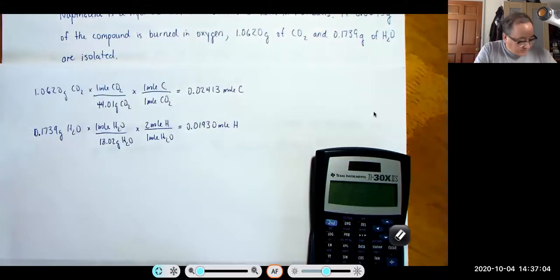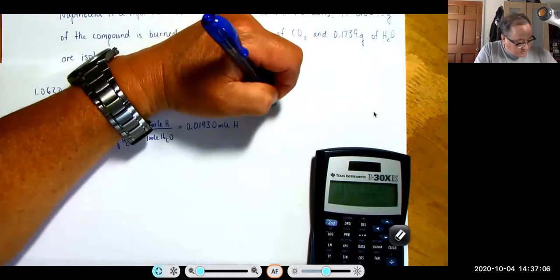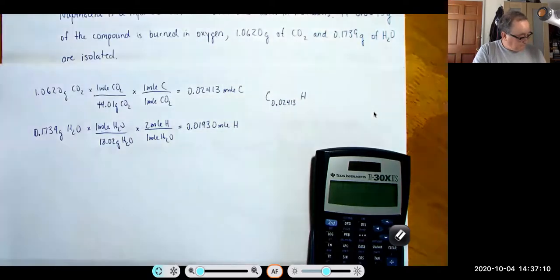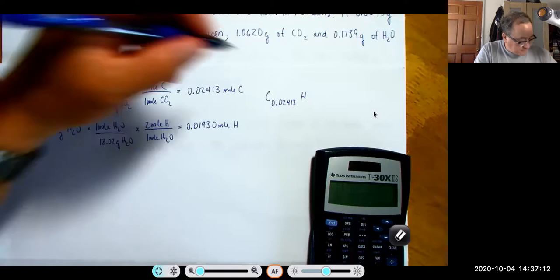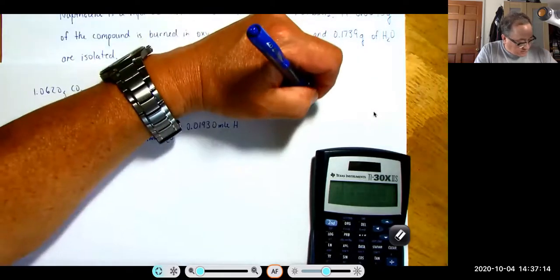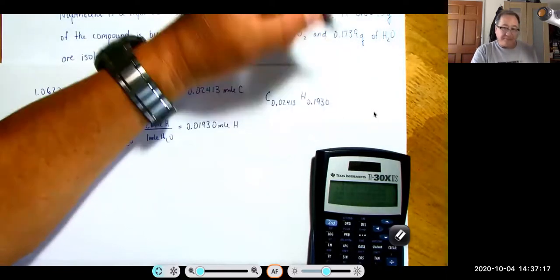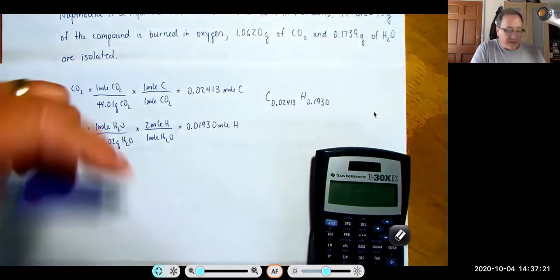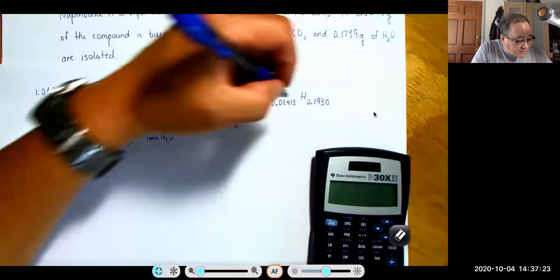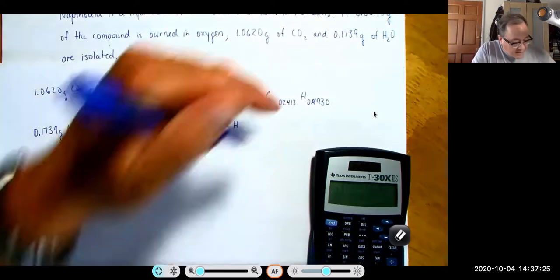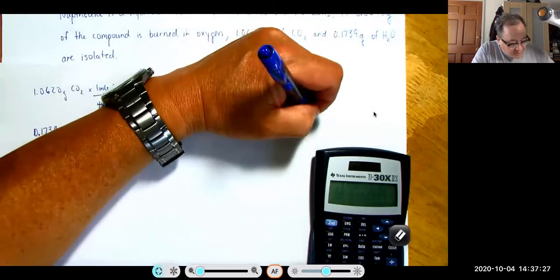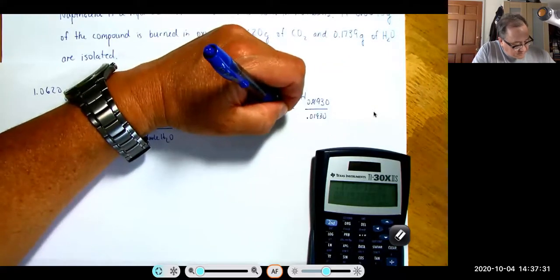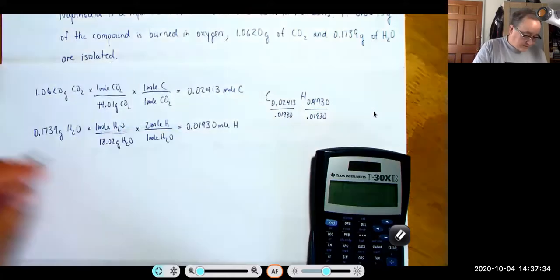So now I'm going to do this. Carbon, 0.02413, hydrogen, 0.0193. I like to do it this way rather than putting the ratios. I missed a 0 here. Did you see that? So I'm going to divide by the smaller of the two. Let's see what we get.